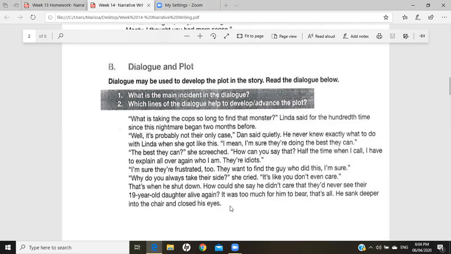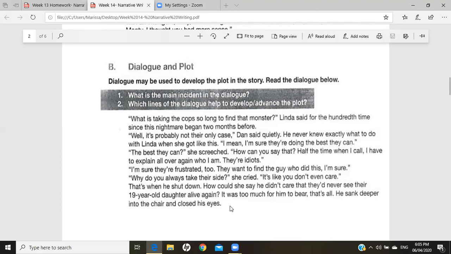Do you know anything about her? She was 19, the 19-year-old daughter. Yes, Alex, she's 19 years old and her parents are? Do we know the names of her parents, Alex? Linda. Linda, uh-huh. And Dan. And Dan, good.